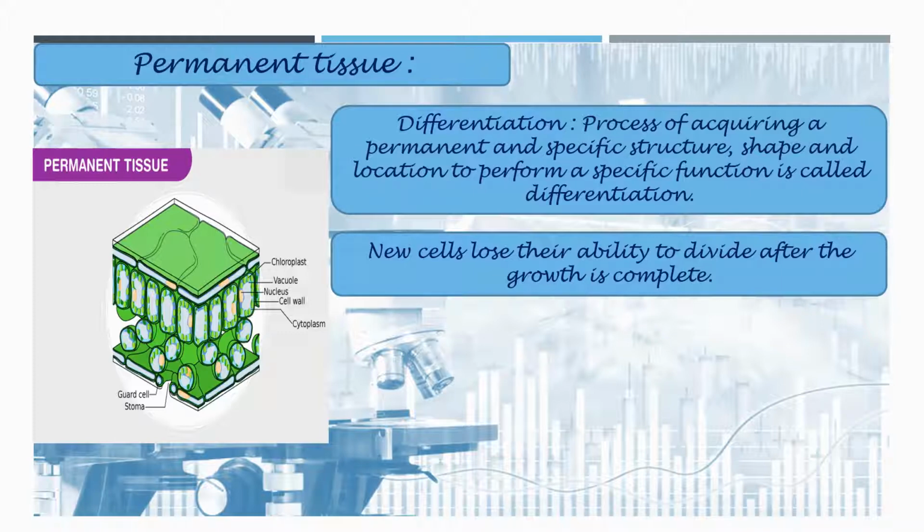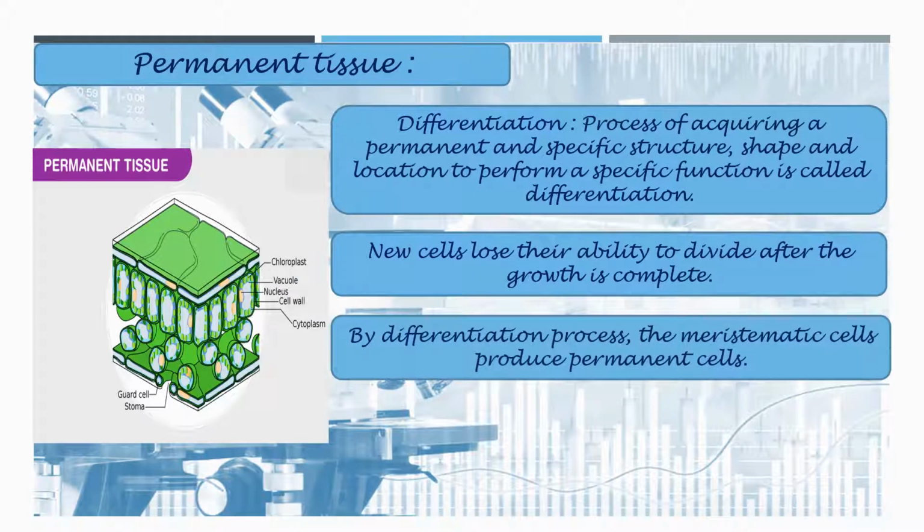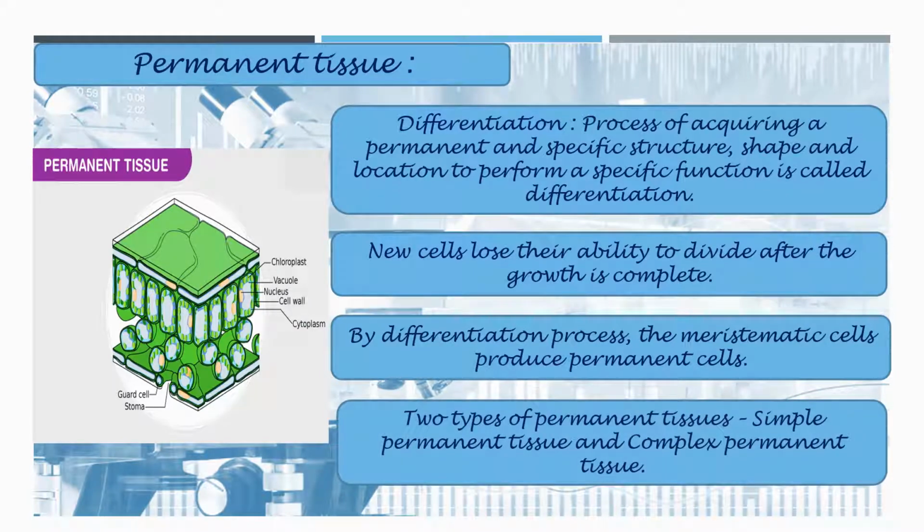Then they start to perform a specific function at a specific place. By the differentiation process, the meristematic cells produce permanent cells. There are two types of permanent tissues, that is simple permanent tissue and complex permanent tissue.